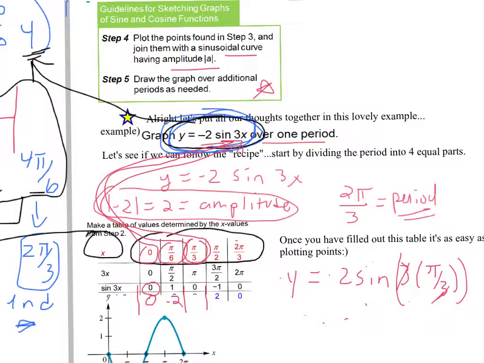But sine of pi is 0. So you end up with -2 times 0, which is 0. See? So the output value on that should have been 0. So this little part that got cut off was the full-blown function, -2 sine 3x. So this is 0, this is -2, etc. And you could see where the rest of that table came from.